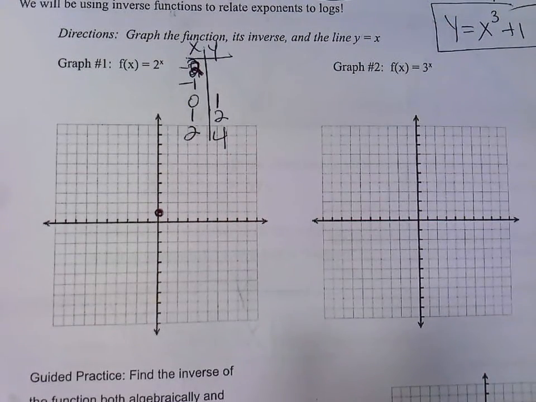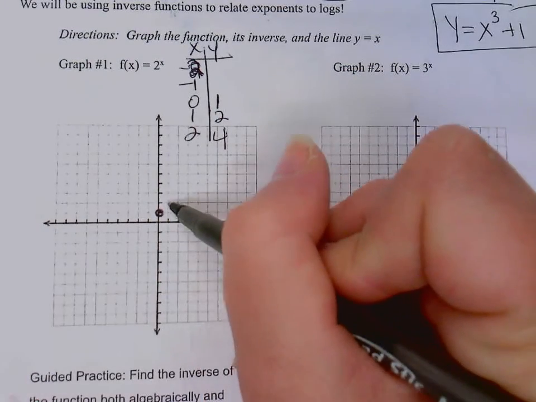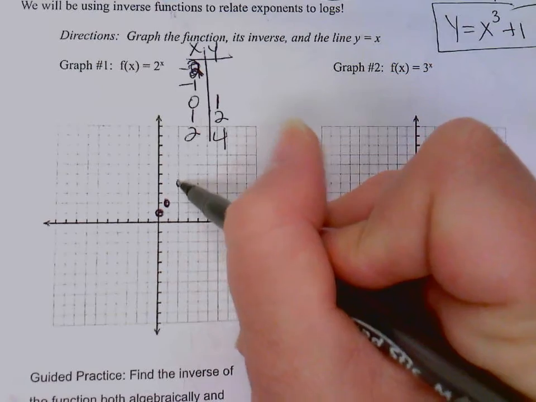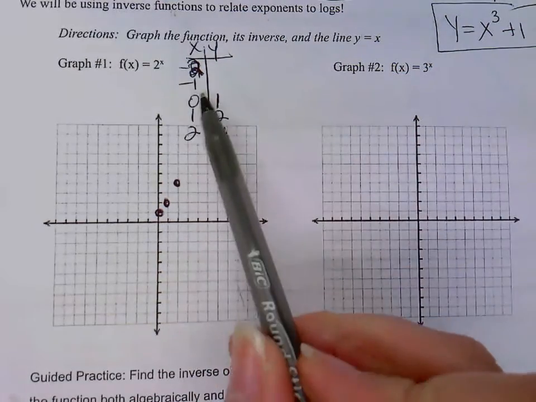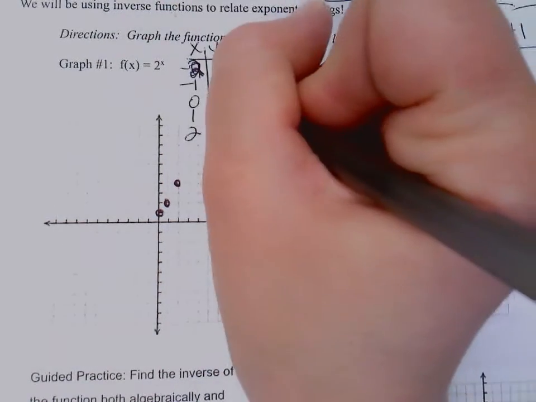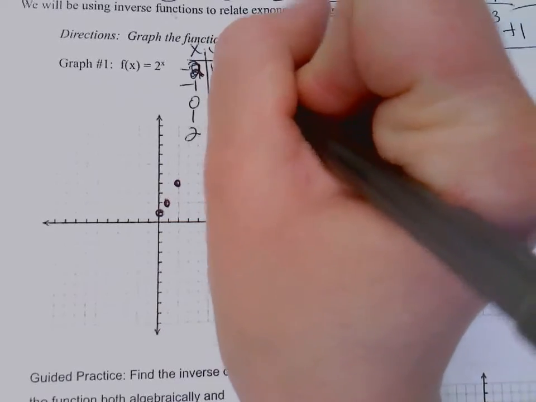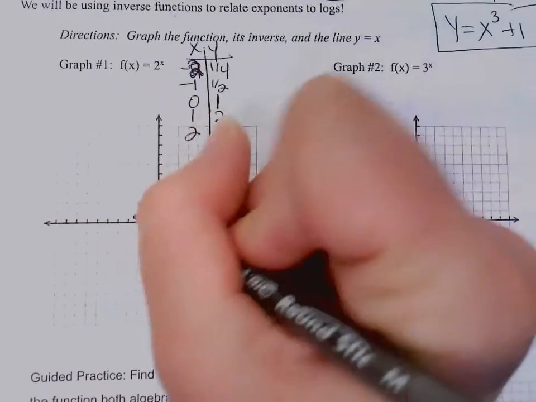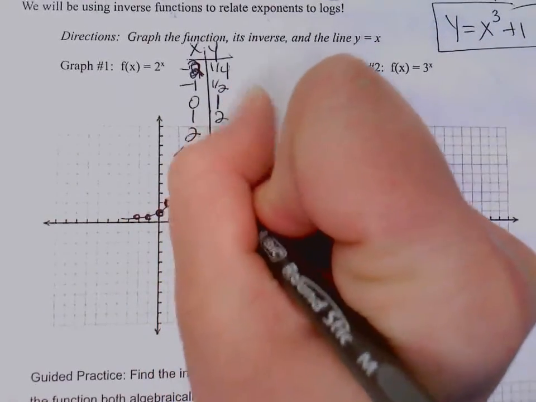So that's the right side of the graph: (1, 2), (2, 4). And when I go to the negative exponents, that's just 1/2 and 1/4, the fractions, because it's the reciprocal of what you'd get. So there's my exponential graph of 2 to the x.